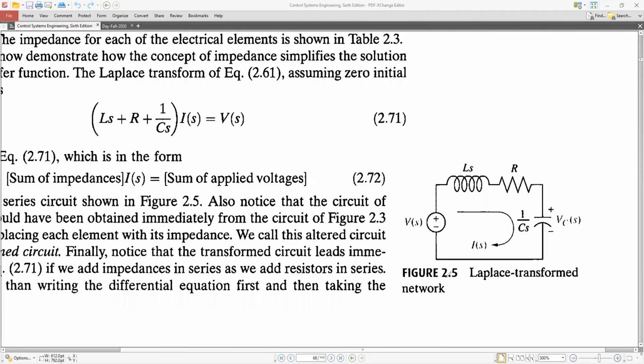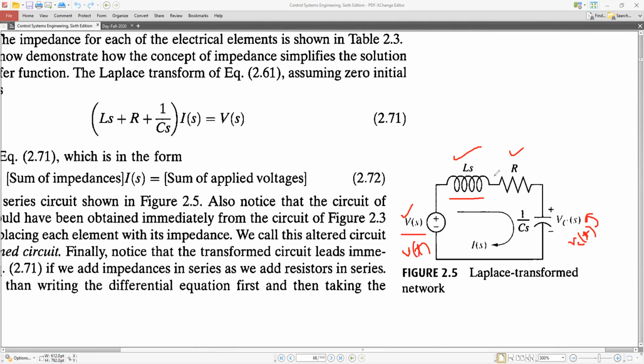See here, instead of v(t), small one, we write V(s), and instead of vC(t), we write VC(s). Instead of the inductor, we write Ls. Instead of R, we write R, and 1 by Cs for the capacitor.